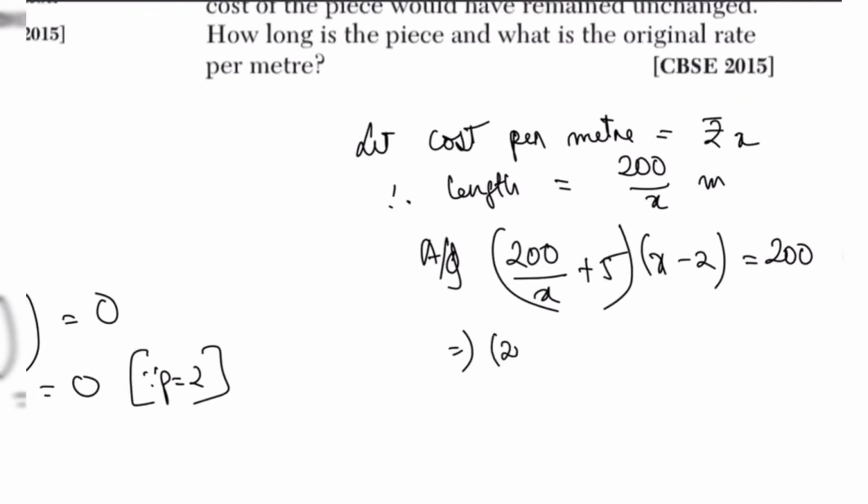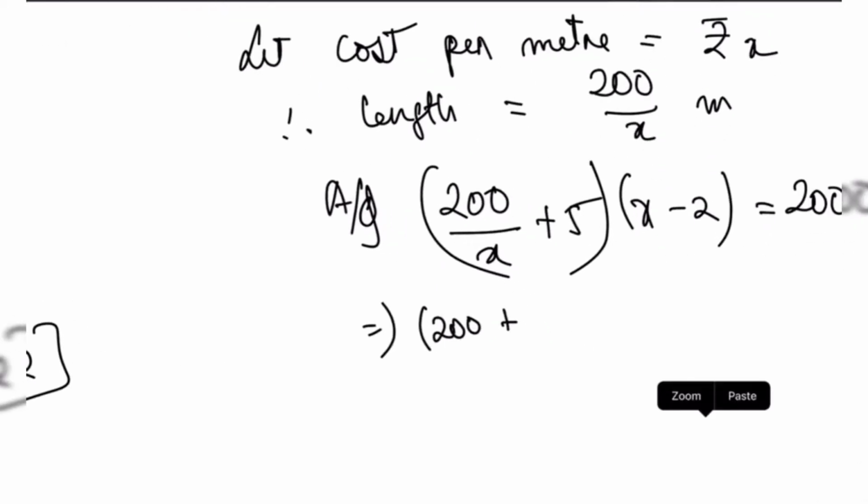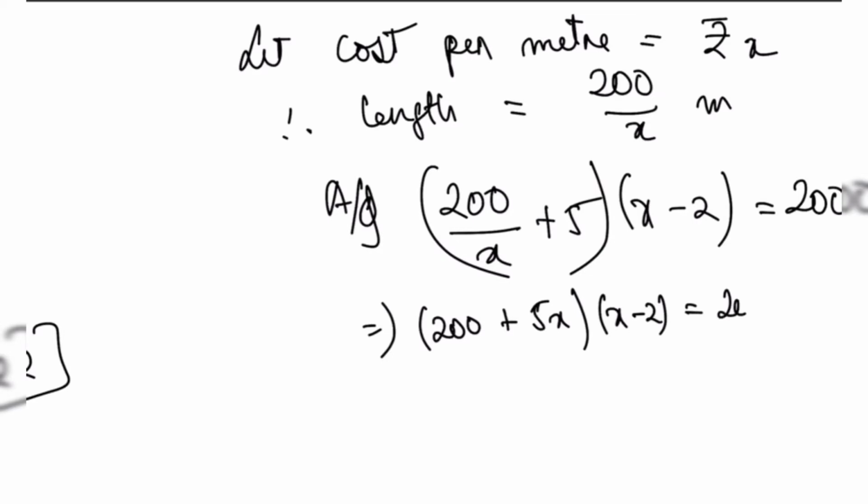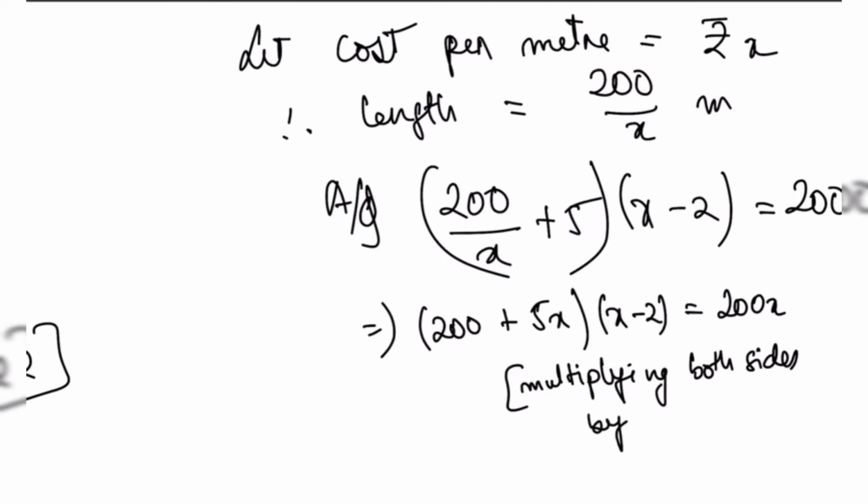So we have 200 plus 5x times x minus 2 equals 200x. Right, multiplying both sides by x.